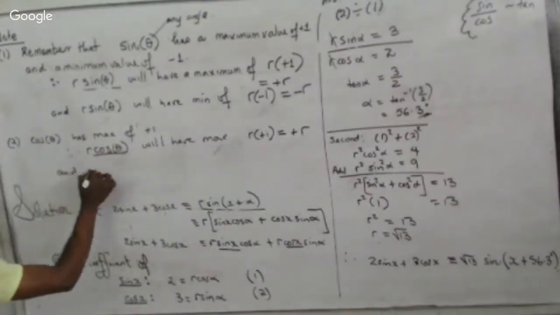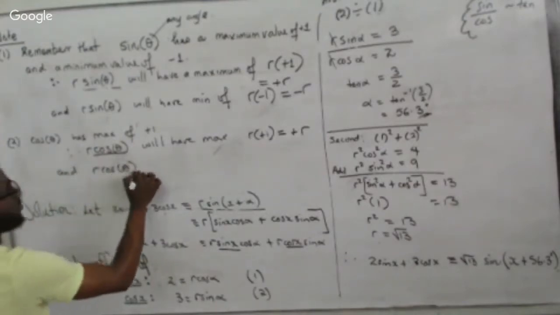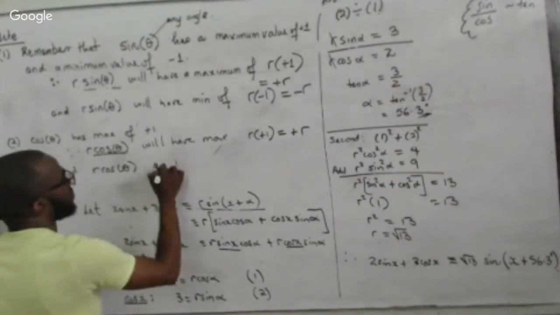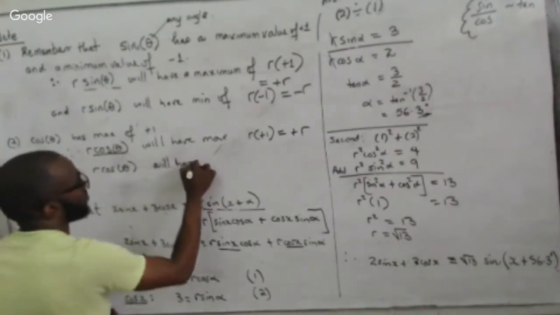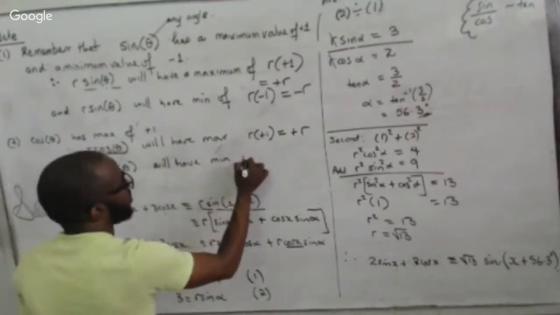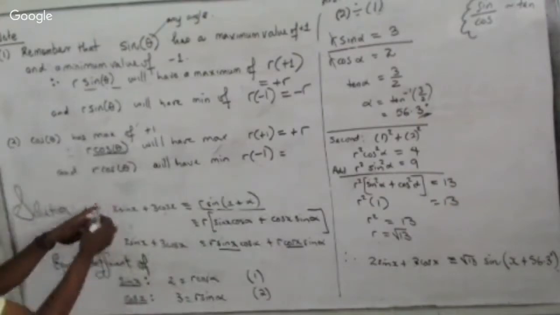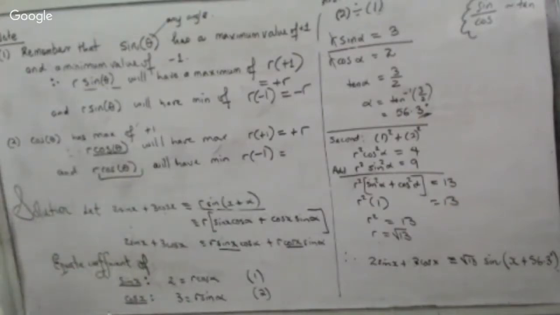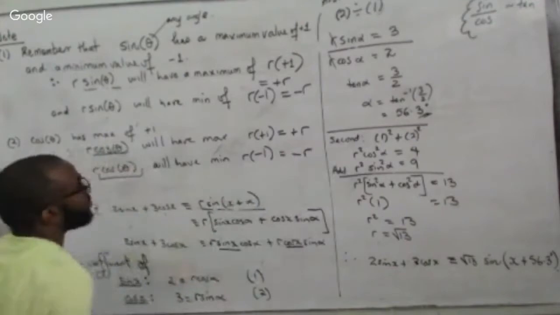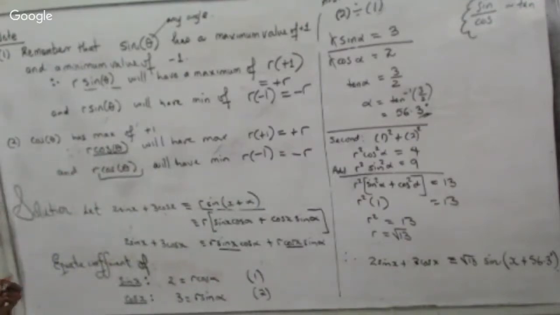And r cosine theta will have a minimum of r times -1, because cosine theta has a minimum of -1, so that is -r. So both forms, r cosine theta plus alpha or r sine theta plus or minus alpha, will have a minimum of -r and a maximum of r. So when they ask you that in the exam, it's a giveaway mark. That making sense?